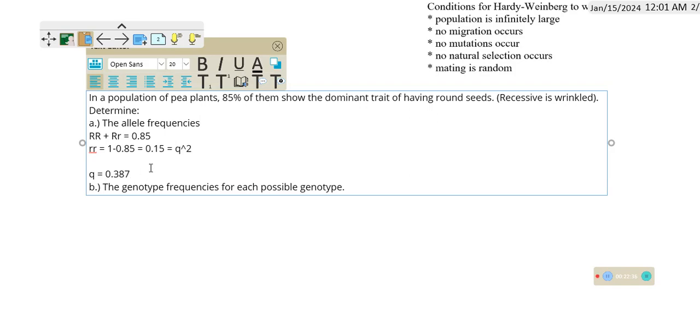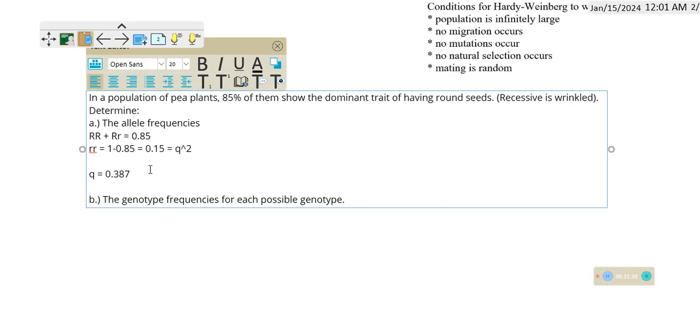All right, once we know this, then we can immediately say, well, P is equal to 1 minus Q, which then is equal to 1 minus 0.387, which is 0.613.